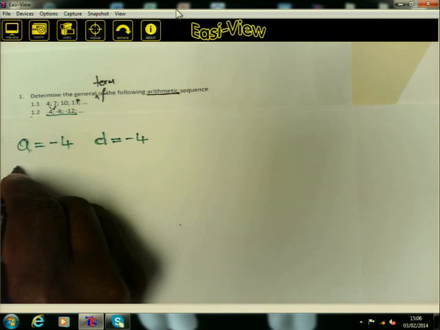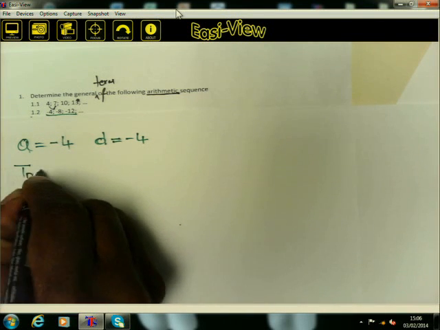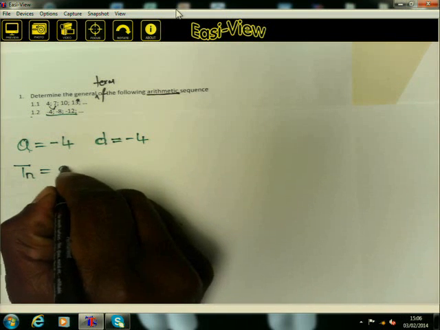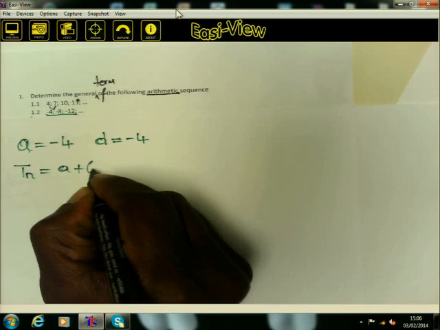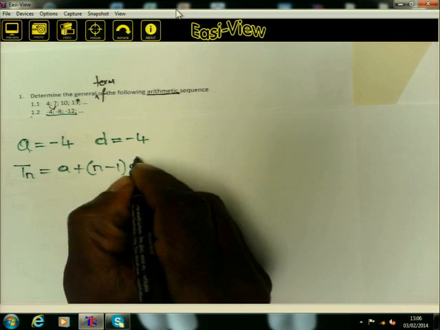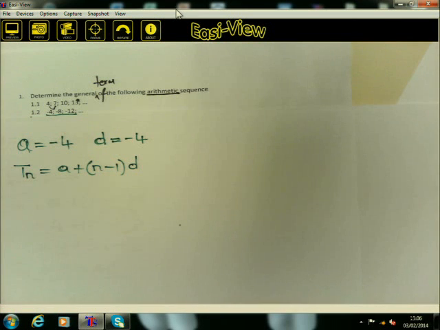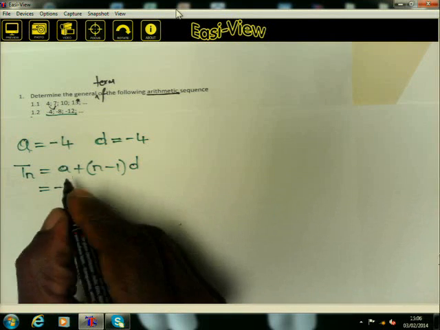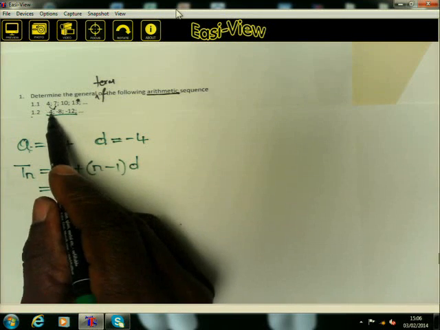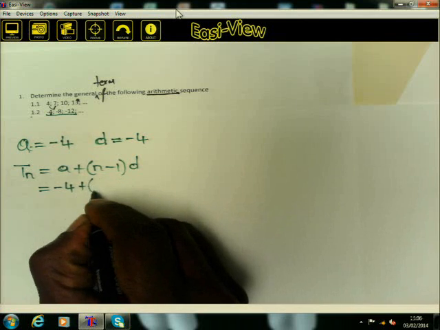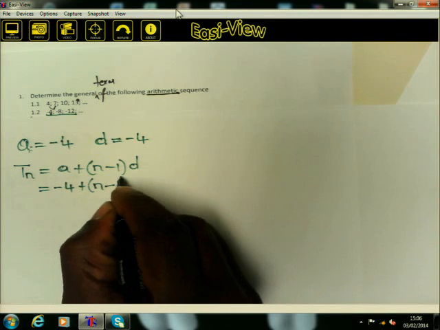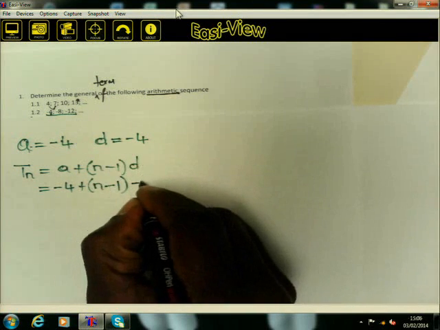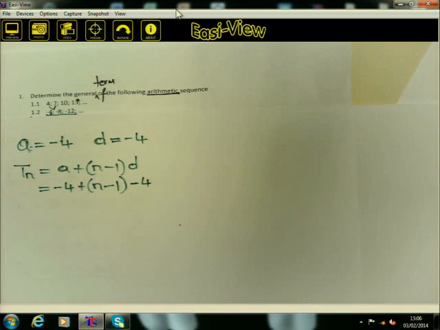So we say our formula is Tn is given by the first term added to n minus 1 multiplied by the difference. Substitute: the value of A is -4, the first term. Add n minus 1, and the difference is -4 still.